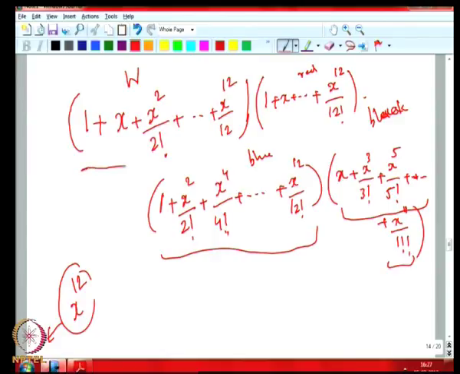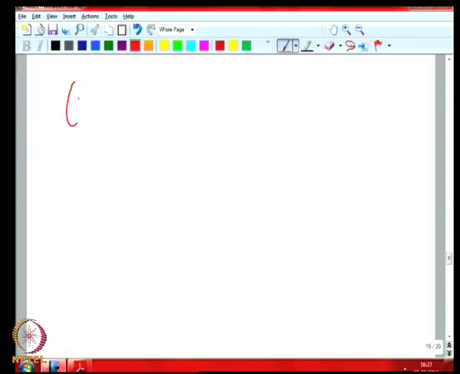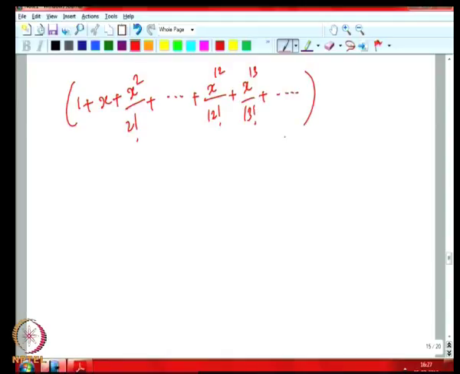Now, for the ease of calculation, we can extend it further. Instead of stopping here, we can add all the remaining terms. So the first term can be 1 plus x square by 2 factorial, and instead of stopping at x raised to 12 by 12 factorial, we can add x raised to 13 by 13 factorial and so on till infinity.